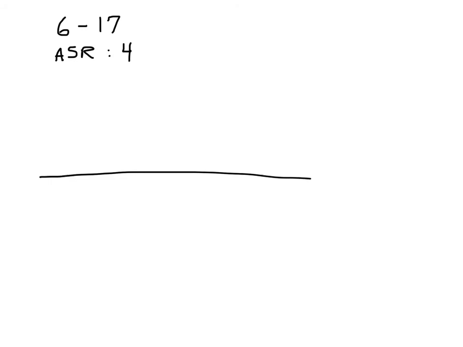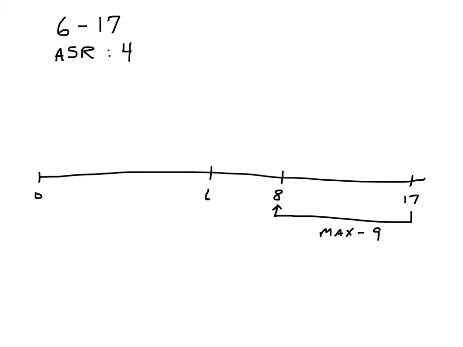So how do things play out in practice for our 6 to 17 month regular sentence with an advanced supervised release date of 4 months? Well, we know the regular sentence has this 6-month minimum, the 17-month maximum, that by default the person will be released from prison at their maximum minus 9, which in this case is 8 months.